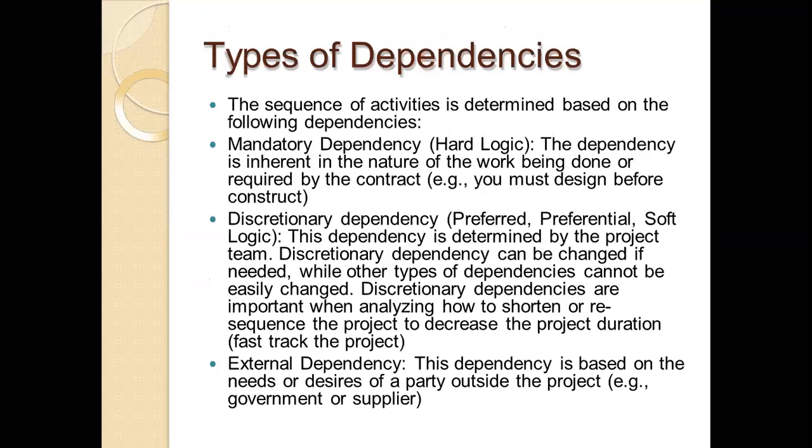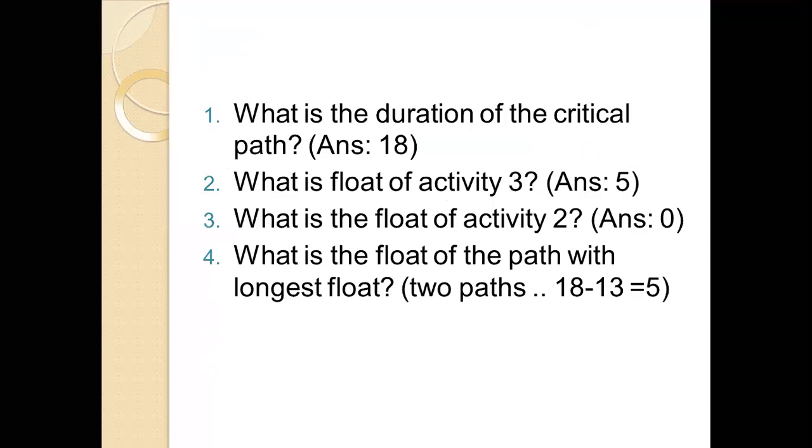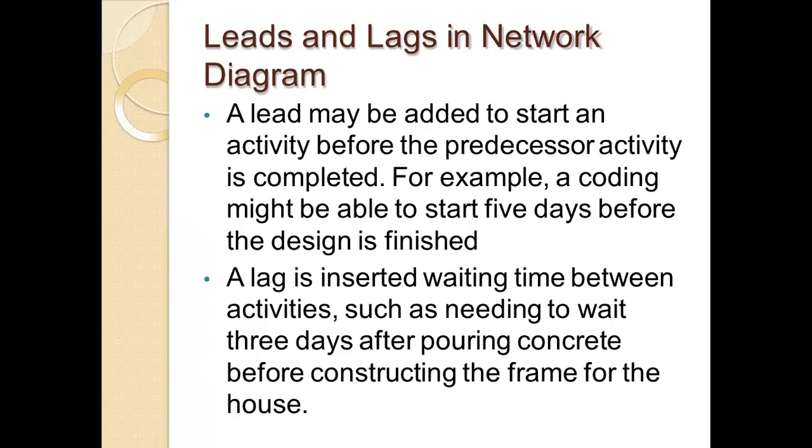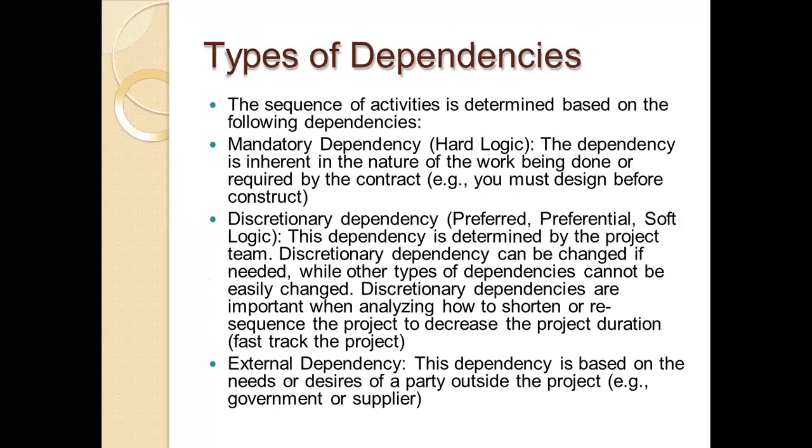Types of dependencies in the network diagram or project schedule. The sequence of activities is determined based on the following dependencies: mandatory dependency, discretionary dependency, and external dependency. First is mandatory dependency, or we can say the hard logic.